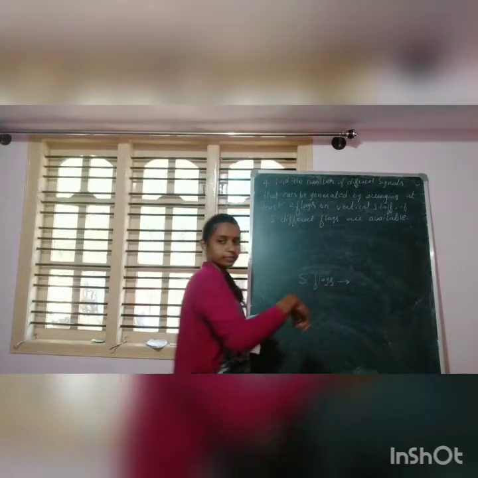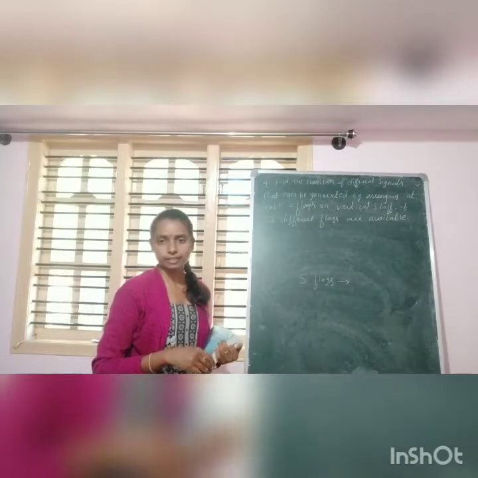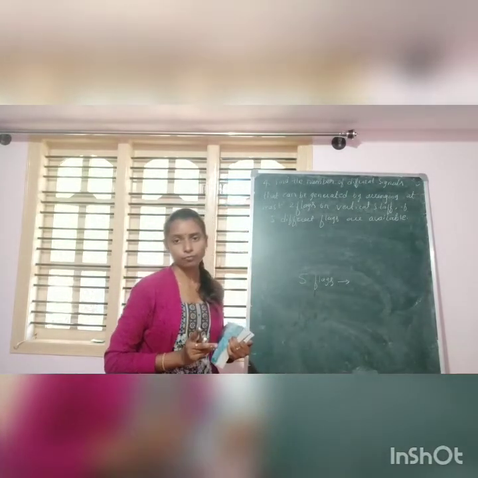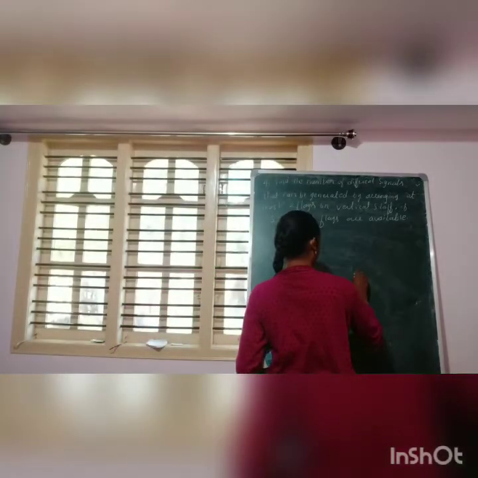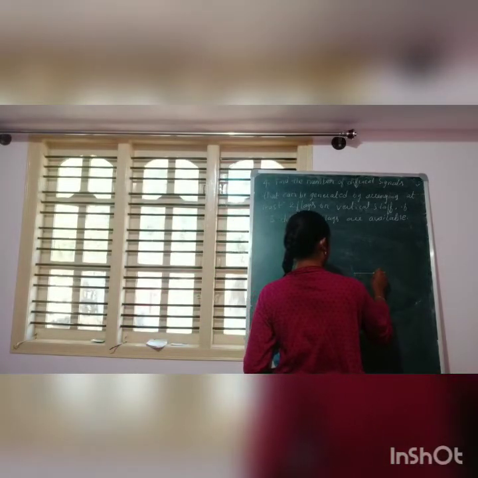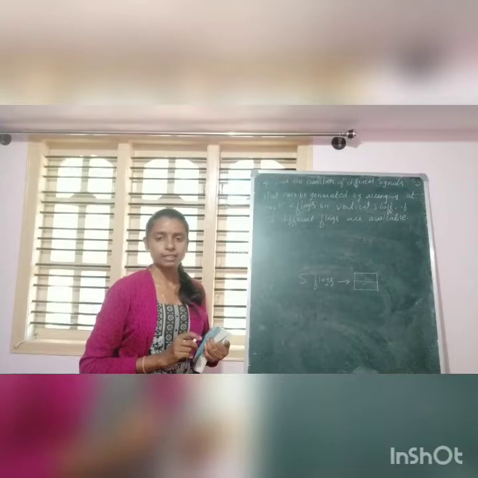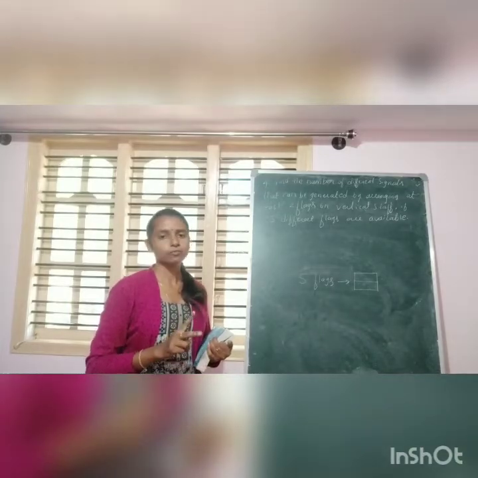So with the help of these 5 flags, you need to generate a signal, and that signal should contain at least 2 flags. The signal will be like this, and in that signal you need to make use of at least 2 flags.